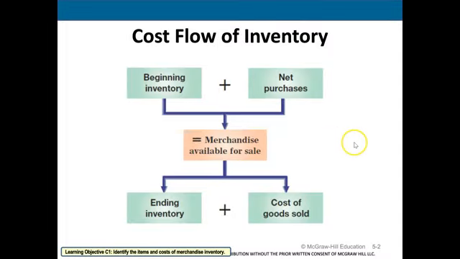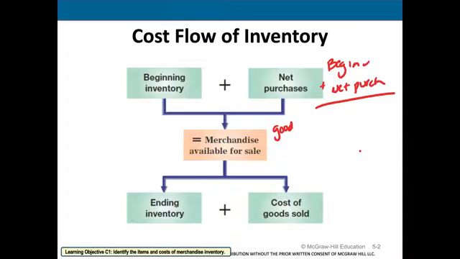Let's discuss the cost flow of inventory real quick as a refresher. And this is the point of these next few videos. When we take our beginning inventory plus our net purchases, we get this subtotal cost called goods available for sale.